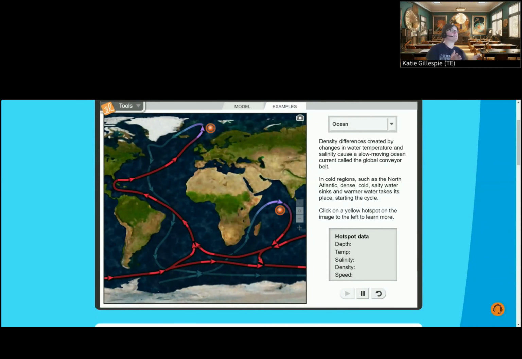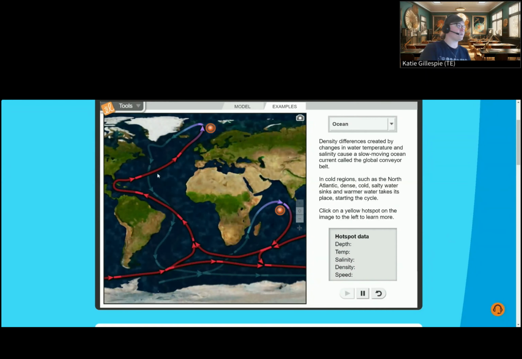Well, convection. There are 2 reasons, salinity being one of them, which causes that water to be denser, but also because look at where it is. Look at where it is up here in the north, the North Atlantic, very cold, very salty water.